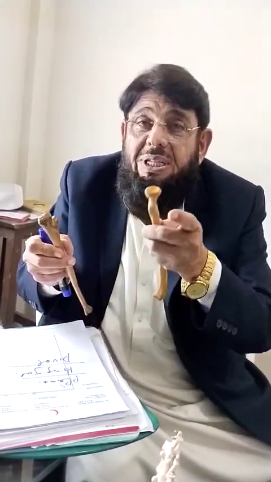The third type is the pivot joint. The pivot type of synovial joint is like that. Note the point. There is a pivot-shaped concave area on one side, and on the other side the head of the bone, or the odontoid process of the second vertebra, fits.